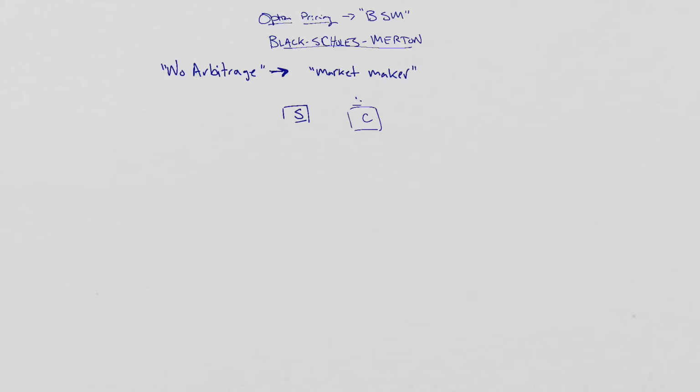And if they sort of juggle these correctly, they can actually make a profit without putting up their own money and without taking any risk. And that concept, not your own money and taking zero risk, is called arbitrage. So arbitrage strategies are really nice. You can imagine the appeal of something like that.